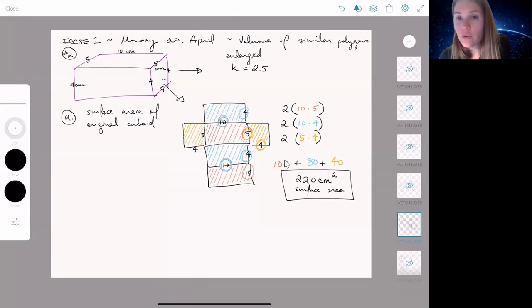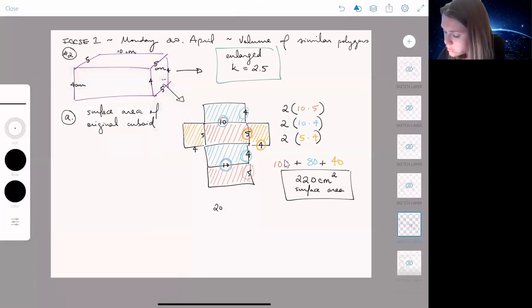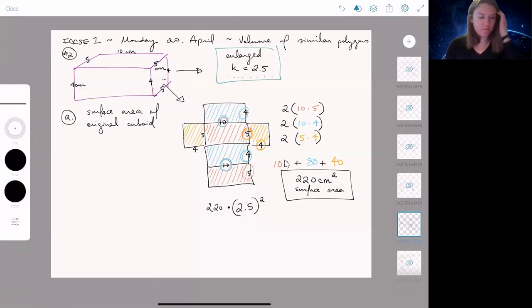Now, you'll remember from last week that when I'm trying to find the surface area for the enlarged object, I'm going to take the surface area of my small one and multiply it by that constant k twice. So times 2.5 squared.